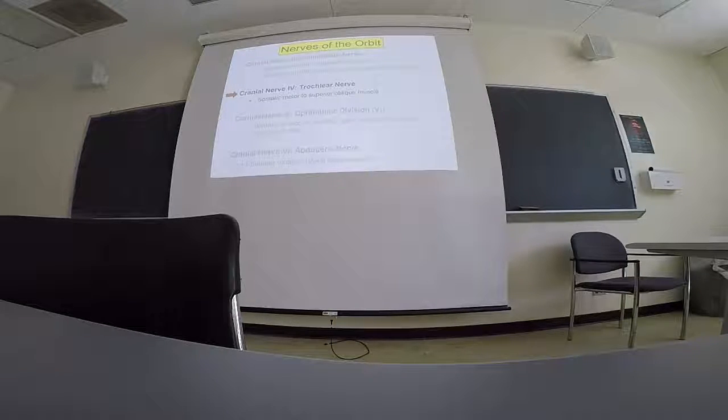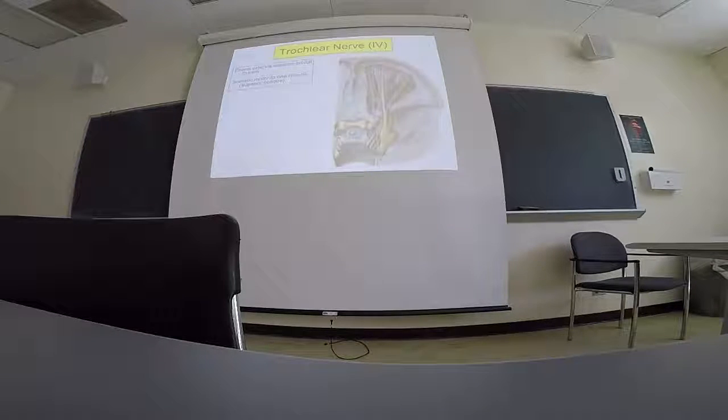Next is a very simple nerve, the trochlear nerve. So the trochlear nerve also reaches the orbit via the superior orbital fissure, like most things, and it'll come in. Many of you probably didn't see this on Monday. It's very easily torn. And it is a very small nerve, okay?